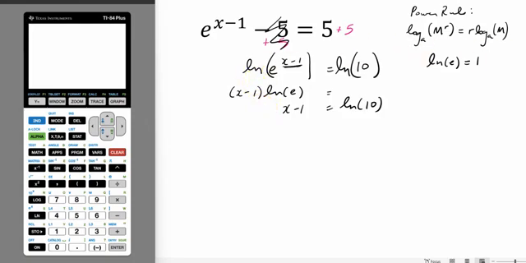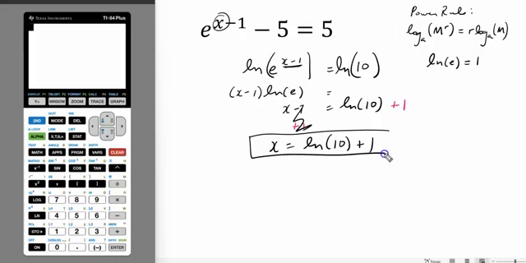To solve it in the original equation, you're just supposed to find out what x is. And I'm in a very easy position to do that now. I'm just going to add 1 to both sides. Okay, so this is my exact answer.